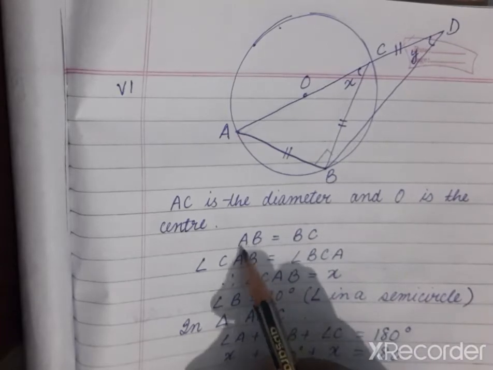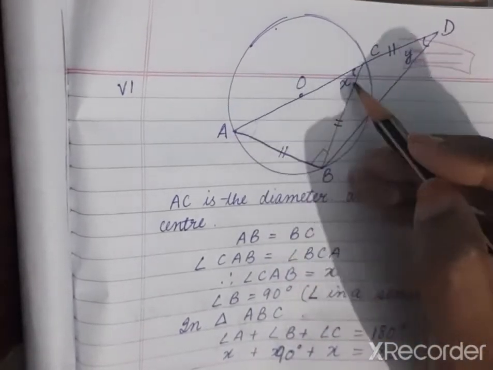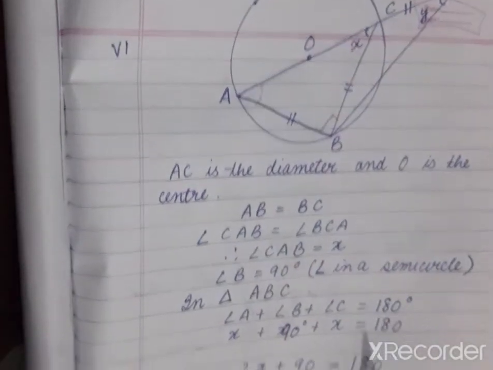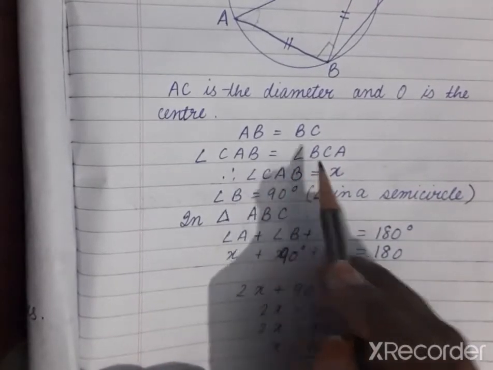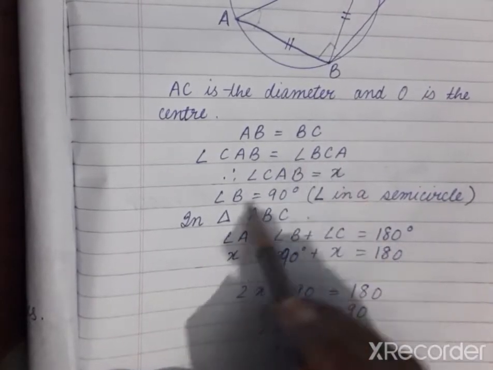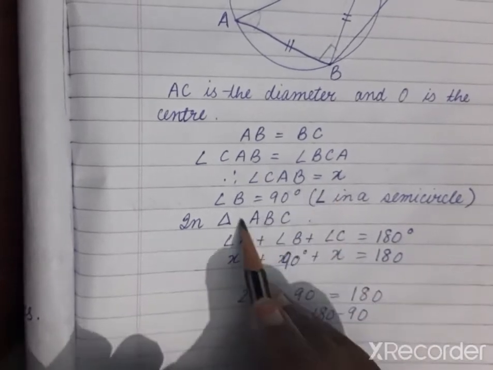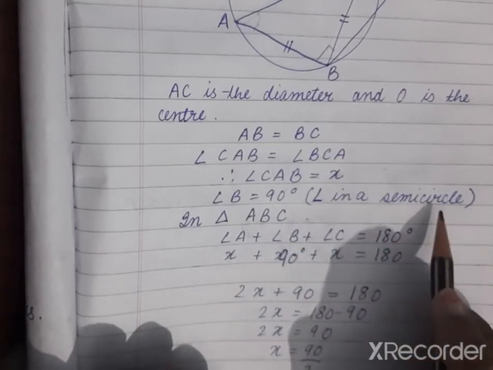We can say that AB is equal to BC, therefore this angle will be equal to this angle. This is x, therefore this will also be x. Now AB is equal to BC, therefore angle CAB is equal to angle BCA, therefore angle CAB will be equal to x. Angle B is equal to 90 degree, that is formed in a semicircle.